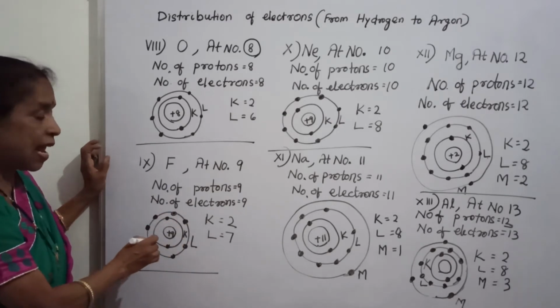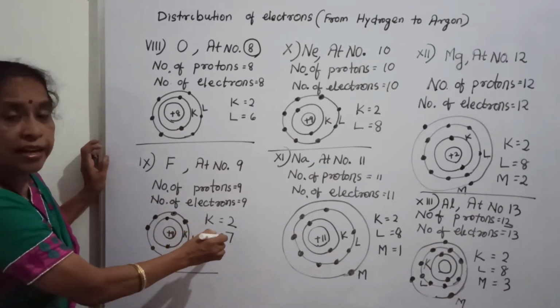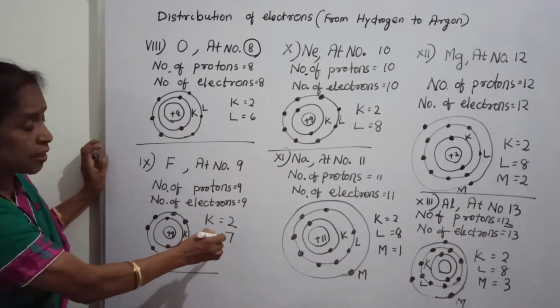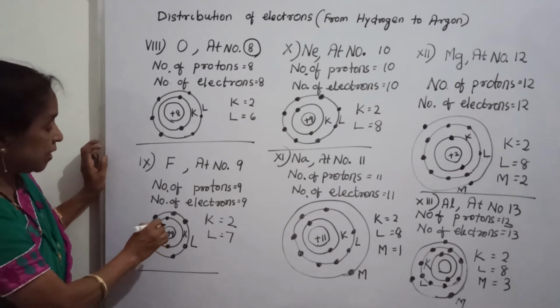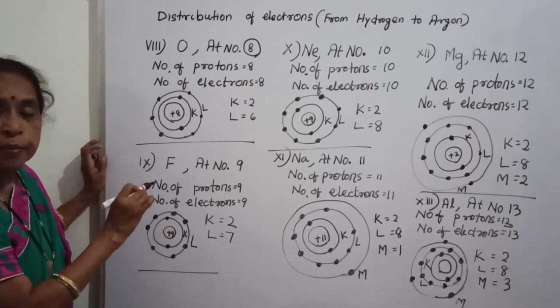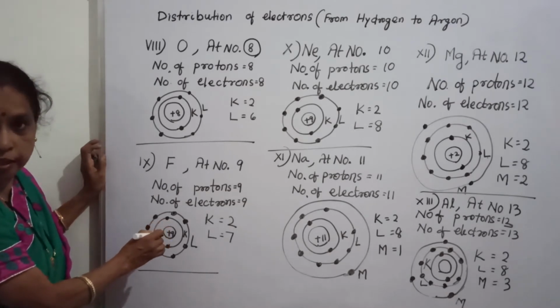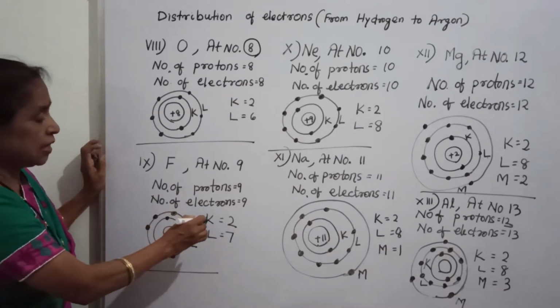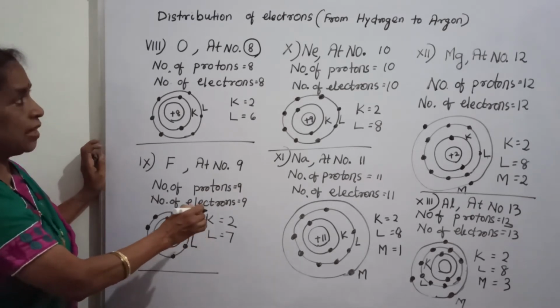Now L shell has 7 electrons because the remaining 7 electrons are present. So the nucleus is represented by plus 9, that means 9 protons inside the nucleus. So K shell has 2 electrons, L shell has 7 electrons.